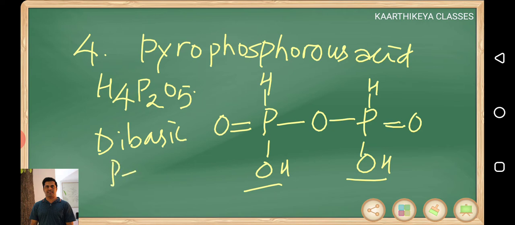P-H bonds are there. Because of the P-H bond, as we were discussing just now, it is of reducing nature. It is a reducing agent, you can say. Dibasic acid, H4P2O5, pyrophosphorus acid. The interesting point you can notice is all -ous acids have reducing ability. That means the P-H bond is mandatory in all the -ous acid series. Four -ous acids we were discussing: metaphosphorus, orthophosphorus, hypophosphorus and pyrophosphorus.